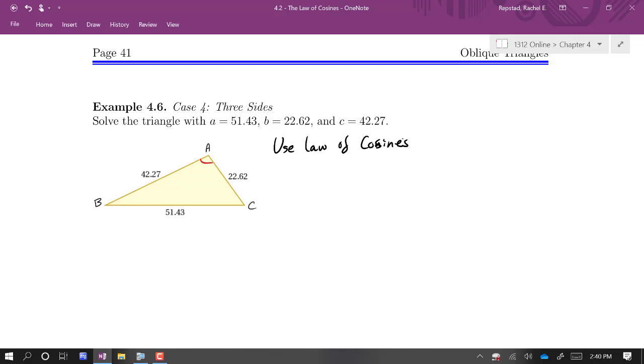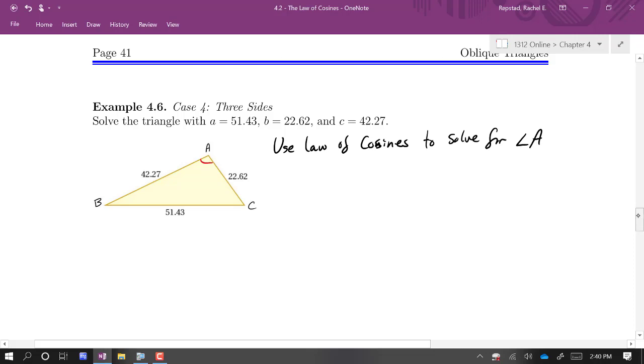But the inverse cosine, the arccosine function, will give you an angle between 0 and 180. So if you're looking for an obtuse angle, the inverse cosine function will give it to you. And so if we use the law of cosines to solve for the biggest angle, if it is obtuse, we'll know. And so we'll use the law of cosines to solve for angle A.